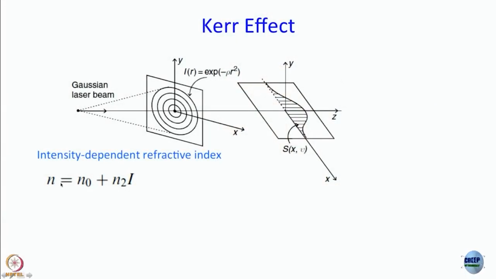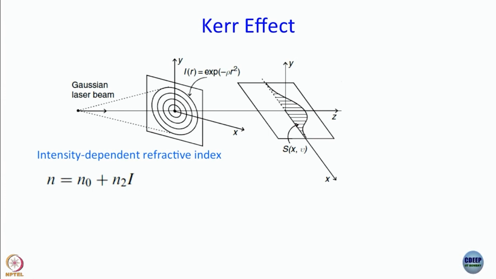The refractive index of the medium on which an intense beam falls changes in this way. N0 is the refractive index when an intense beam is not impinging on it. When it falls, then there is a second term which depends on the intensity of the beam, N2 into I.